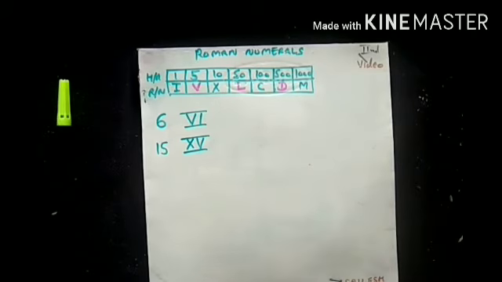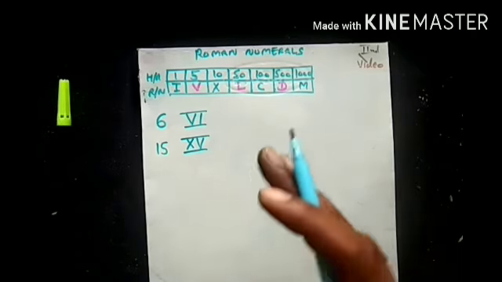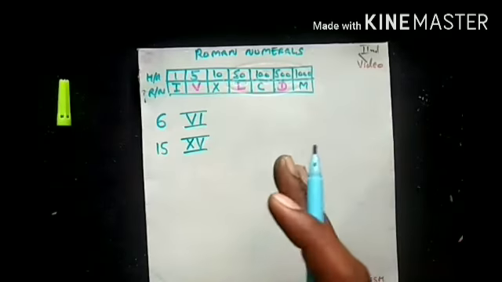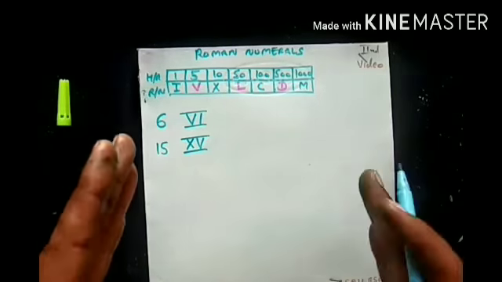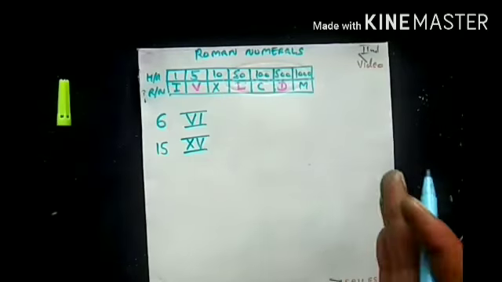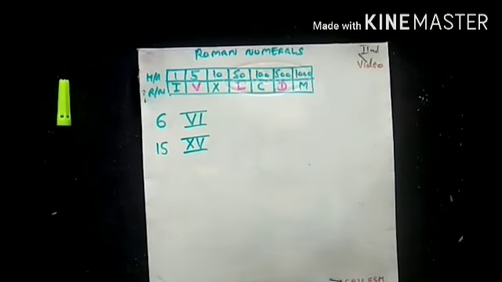It means that if a smaller symbol is written to the right of a larger symbol, then these are added. Clear?